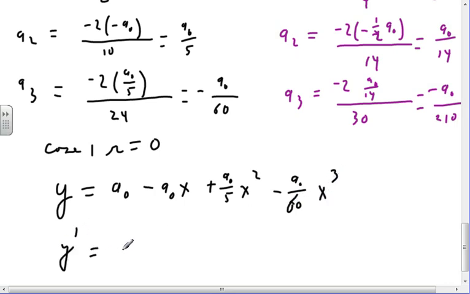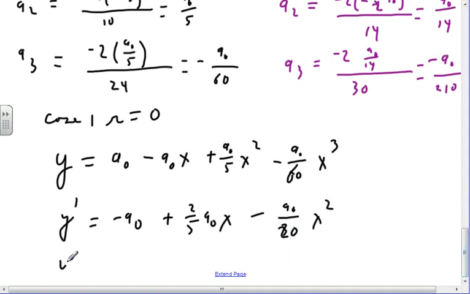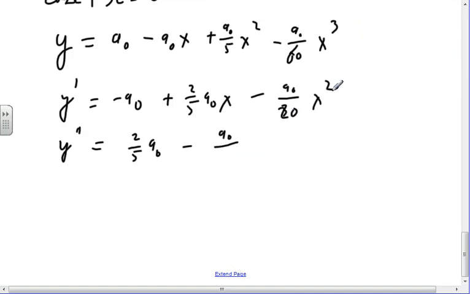y prime is going to be minus a0 plus 2 over 5 a0x minus a0 over 20 x squared. y double prime is going to be 2 over 5 a0 minus a0 divided by 10 x. Now, that's not much to work with, but if it doesn't work, it'll not work.